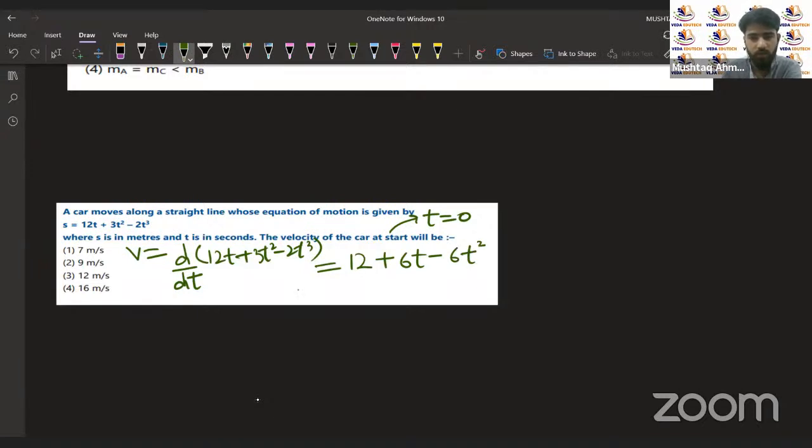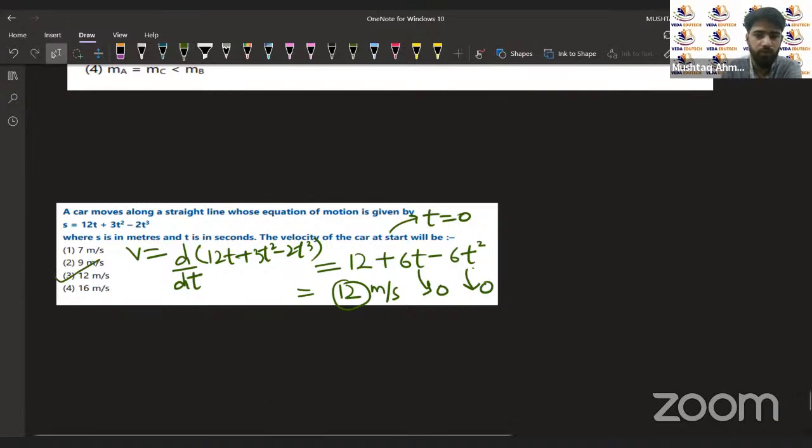We have to calculate the velocity at time t equal to 0. We'll put time t equal to 0 in this and this also. So these two will become 0. We're left with 12 only. So 12 meter per second is the correct answer for this question. This is the velocity of the car at time t equal to 0. So option 3 is the correct option for this question.